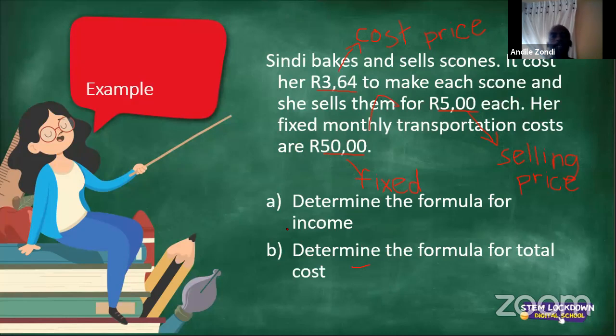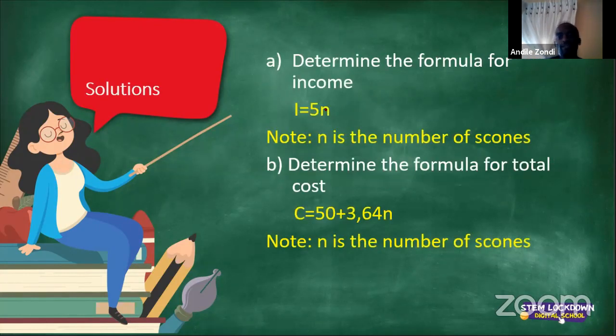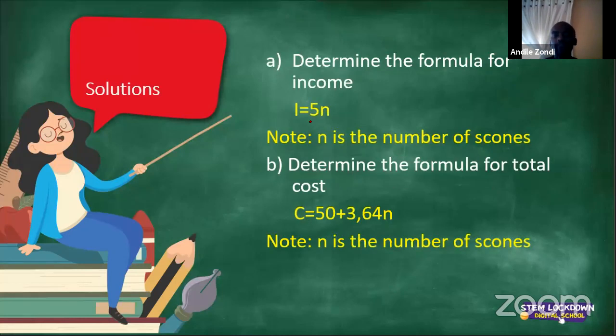Okay, next question. Calculate the income for 200 scones sold. Obviously, you need to decide which formula you are using. There are 2 formulas: a formula for income and a formula for cost. Because they want to know income, we'll be using the formula for income.